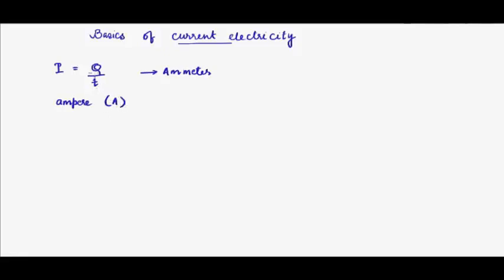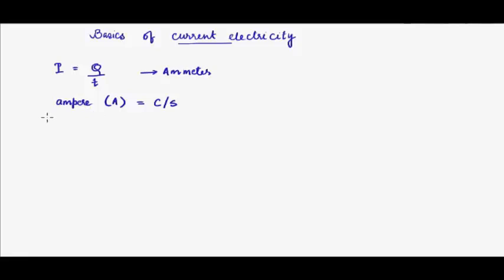Let's discuss the units of current. The SI unit of current is called ampere, denoted by a capital A. We know that the unit of charge is coulomb and time is second.